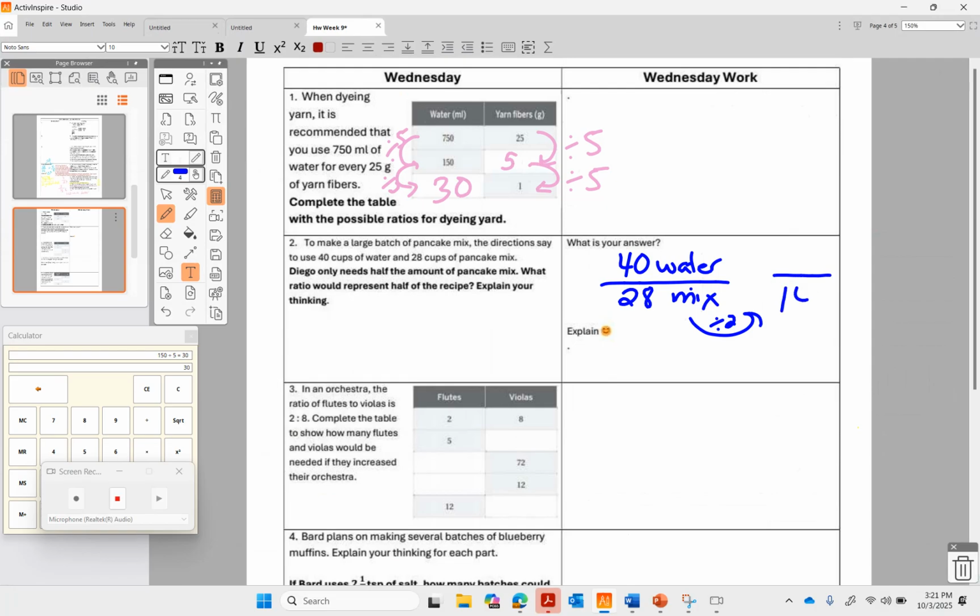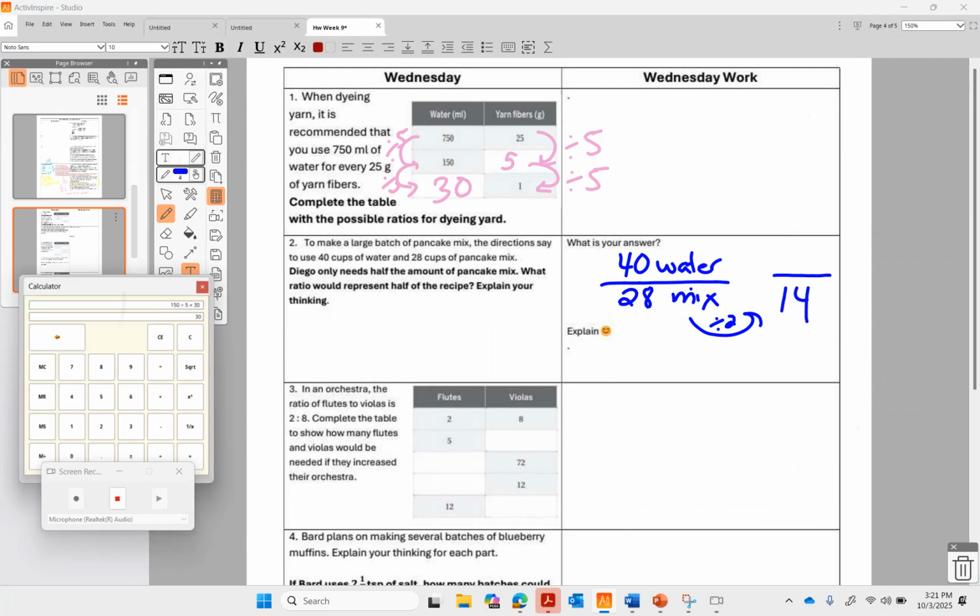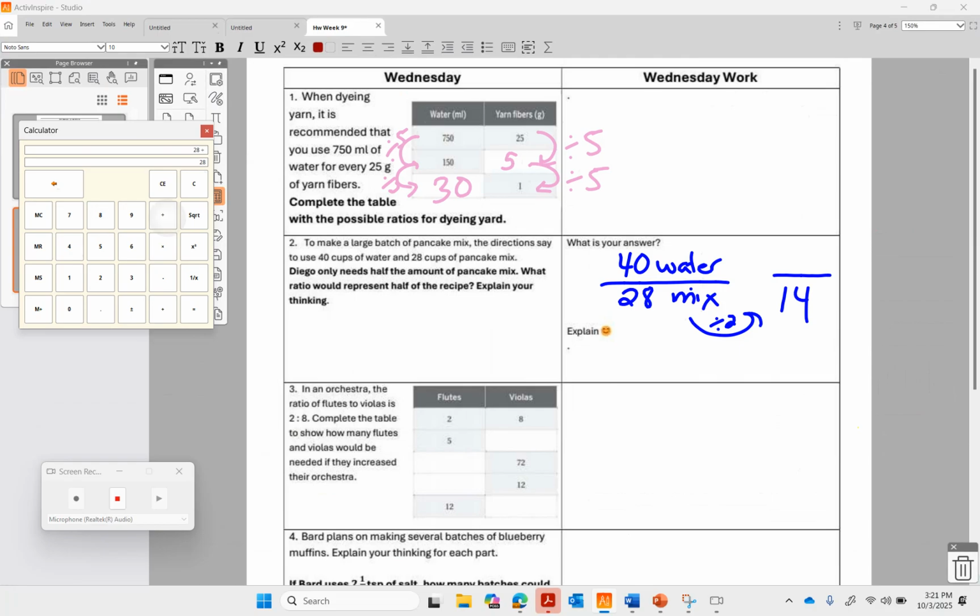If you're not sure, use a calculator to check it. Okay? And 40 divided by 2 is 20. Explain. Half means divide by 2. So I divided both numbers by 2.